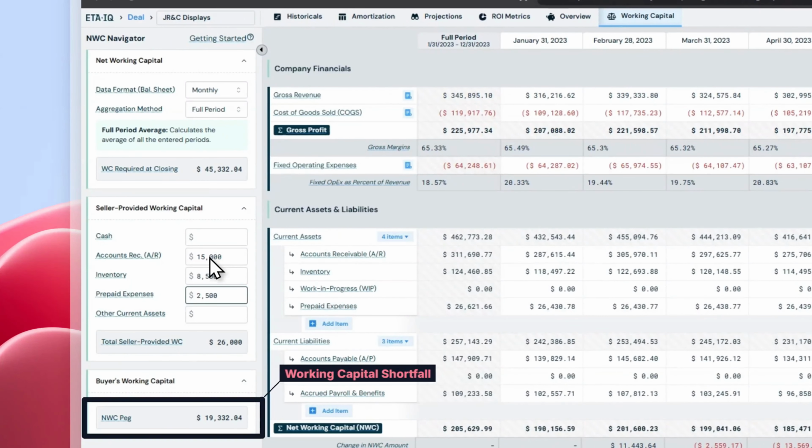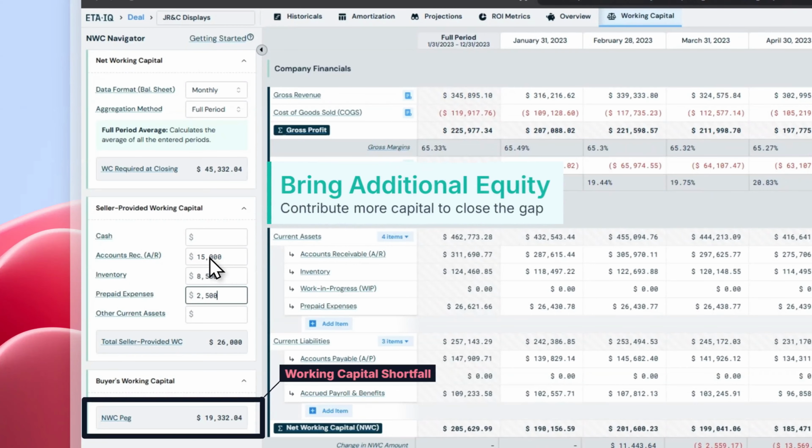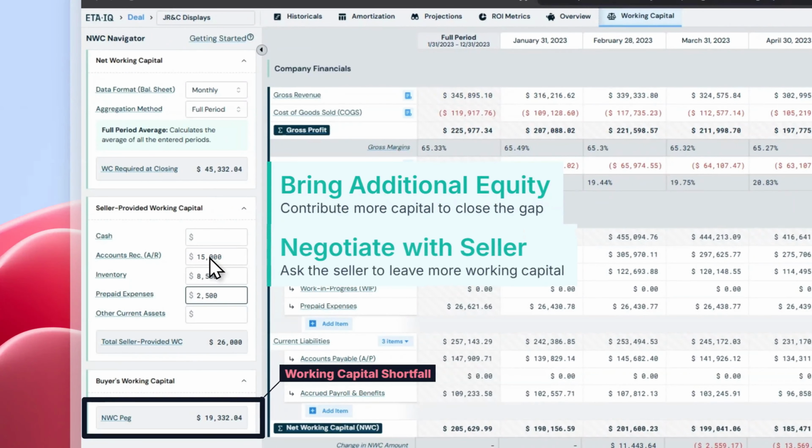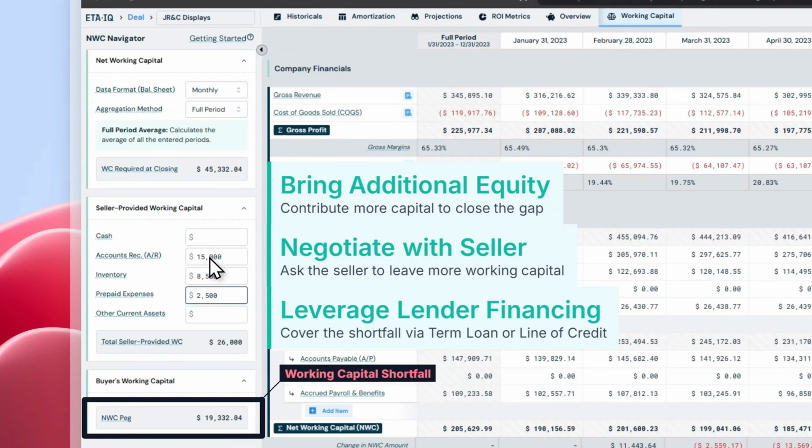In that case, you'll need to take one or a combination of the following three actions. One, you'll need to bring additional equity to the deal. Two, you'll need to negotiate for the seller to leave more working capital in the business. Or three, you'll need to finance it with your lender, either as part of the term loan or a line of credit.